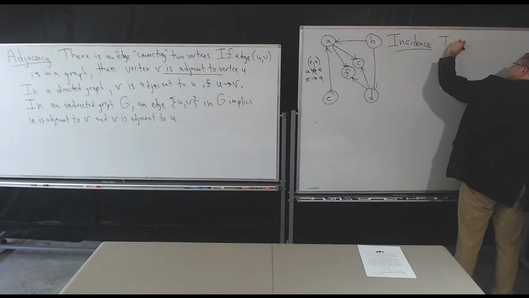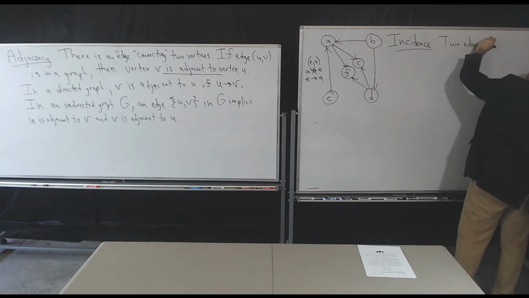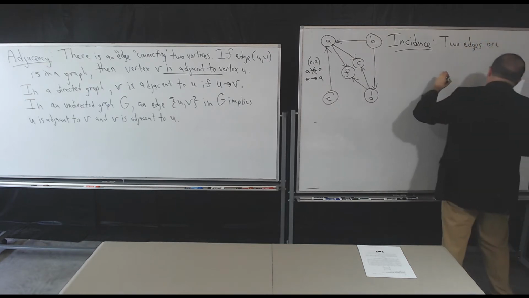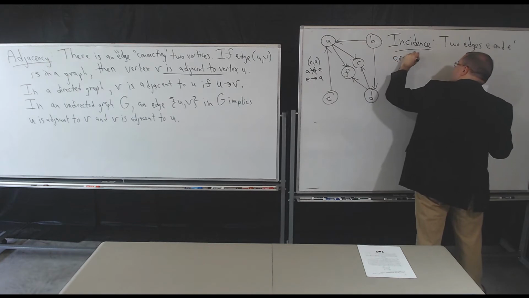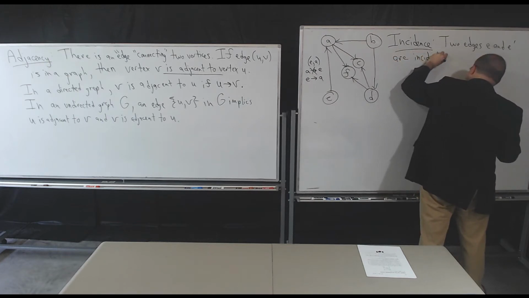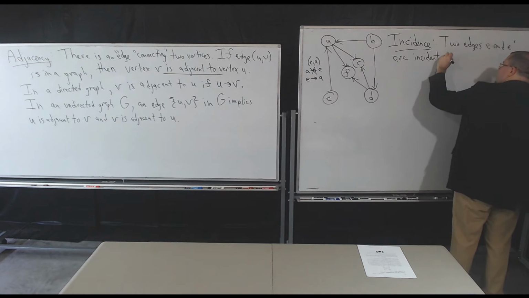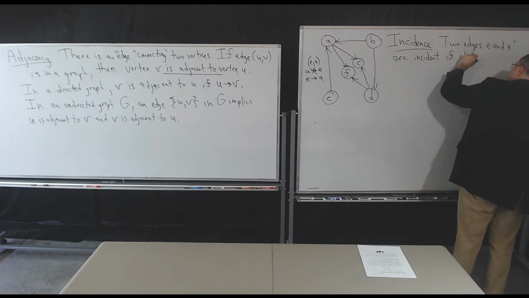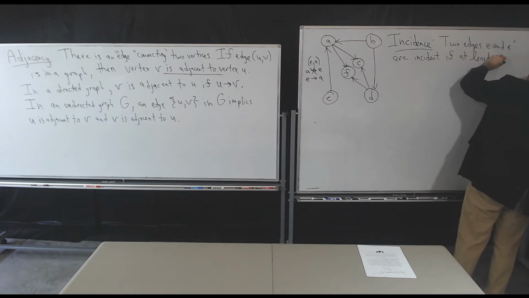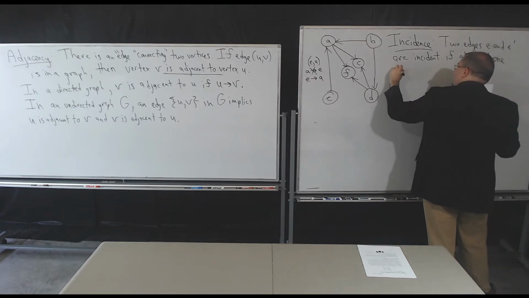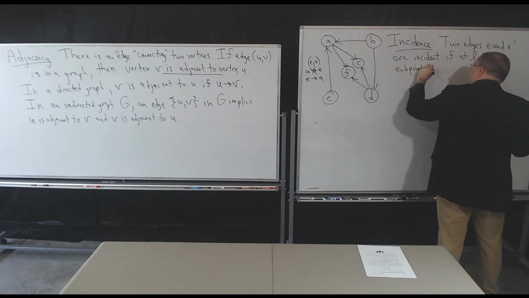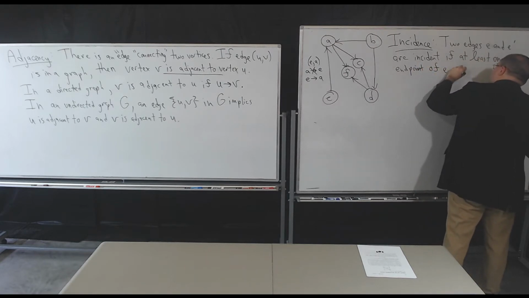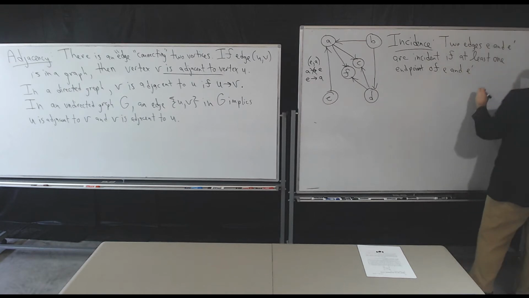So I'm going to say two edges, let's give these guys names, E and E prime, are incident if at least one endpoint of E and E prime is the same.